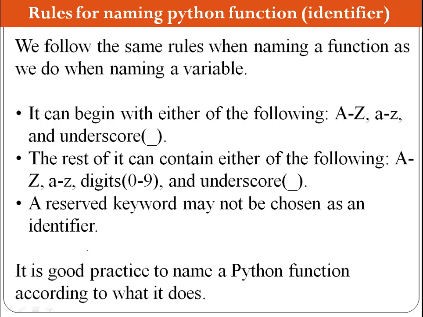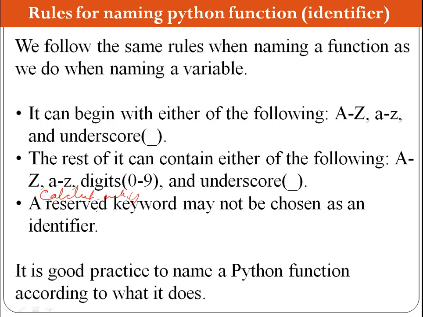It is good practice to name a function according to what it does. If you are calculating the marks of the class, then calculate_marks, like this. Your function name must reflect its functionality, and that is advisable.